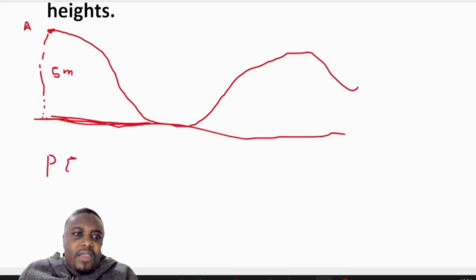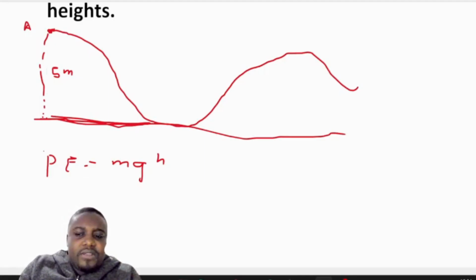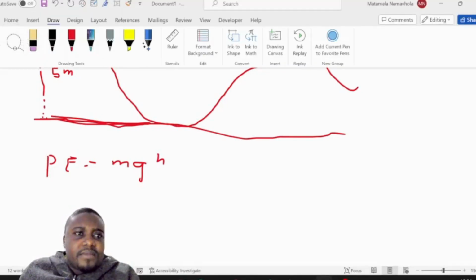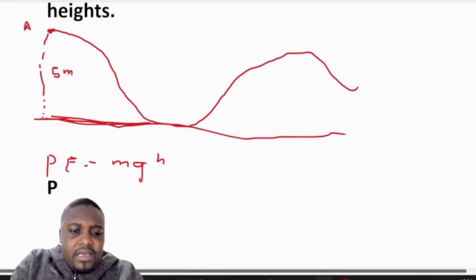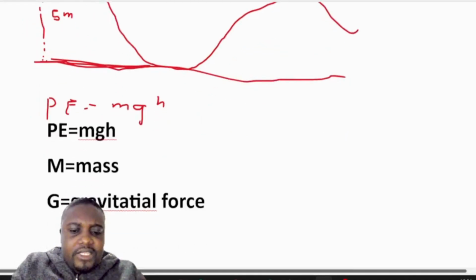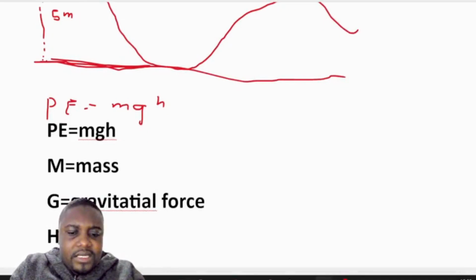So PE is equal to mgh, whereby m is equal to mass, g is equal to gravitational force, and h is equal to height.